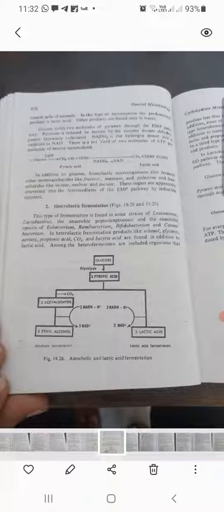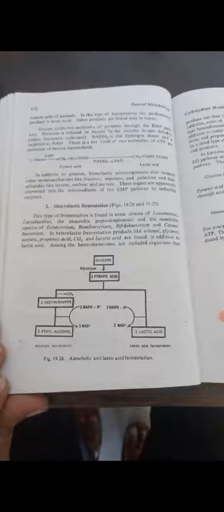In this fermentation, along with lactic acid, ethanol, glycerol, acetate, propionic acid and carbon dioxide, along with butyric acid, are also found. The major product in these cases is not lactic acid. In the heterofermentative pathway, a number of products are produced from a single glucose molecule.